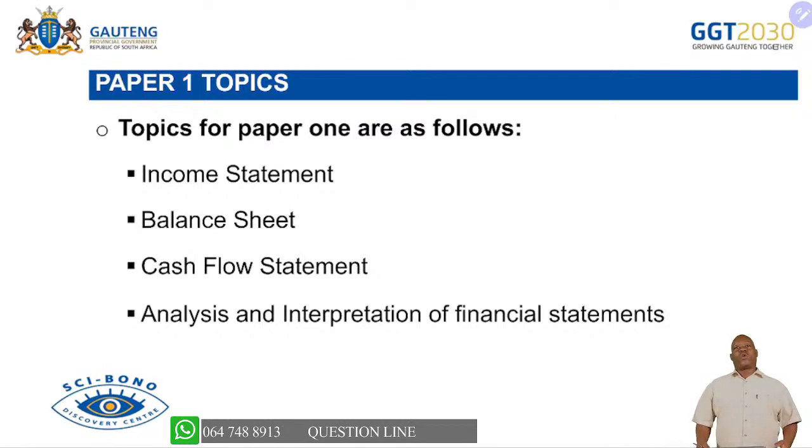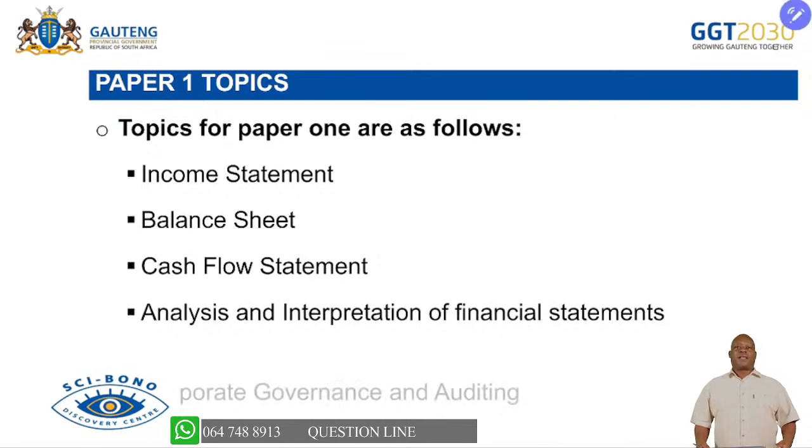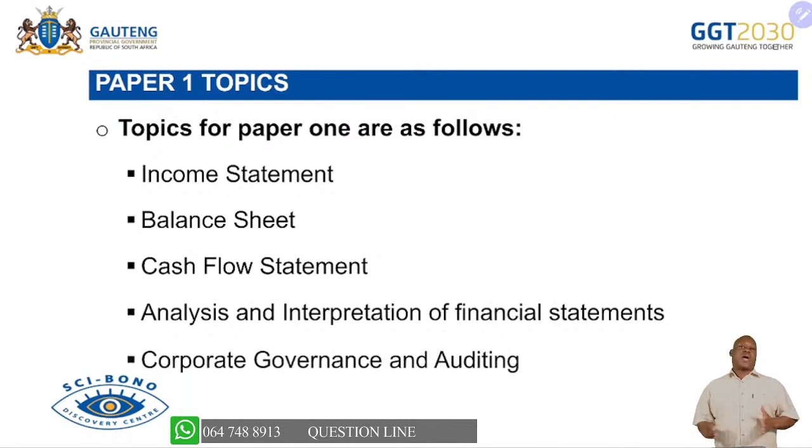You know them as ratios. And then lastly, we are going to be looking into the issues of corporate governance and auditing. Now, these are the topics that are going to bring us the 4 questions that you are going to see when you write your paper 1.